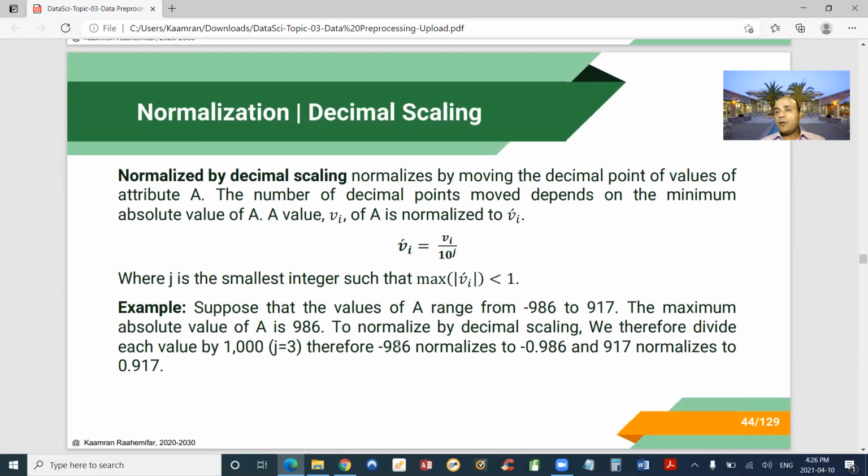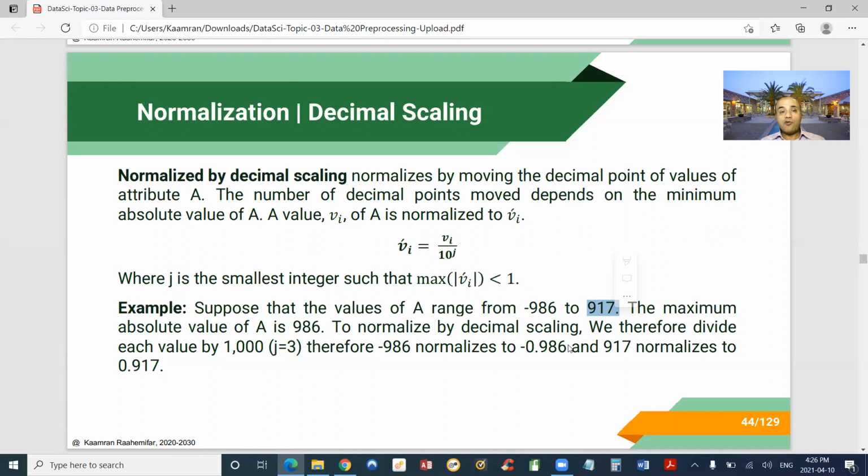So it's simple. As an expert in the domain, you're going to say, I know what the minimum is supposed to be. I know what the maximum is supposed to be. I just simply want to have a decimal point. So for example, you have minus 986 and you have 917. You take a look at the absolute. And if you take a look at the absolute, you're going to say, listen, my knowledge tells me that the minimum and maximum are supposed to be minus 1,000 and plus 1,000.